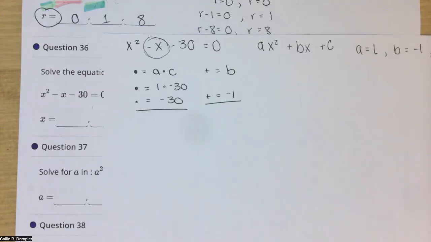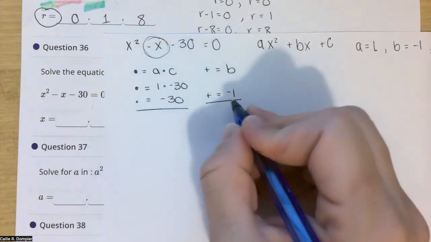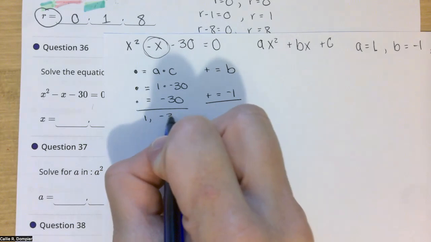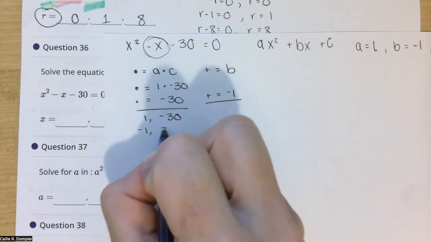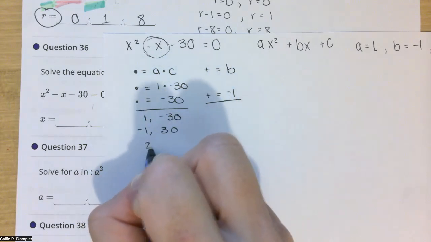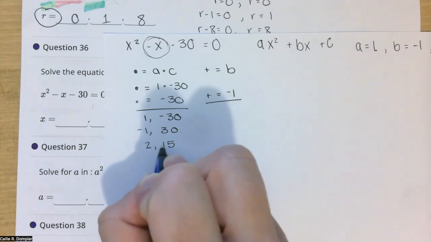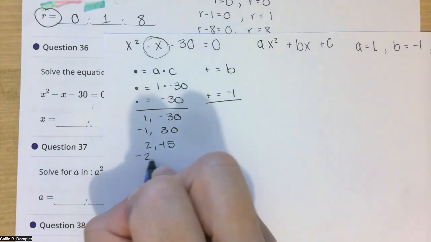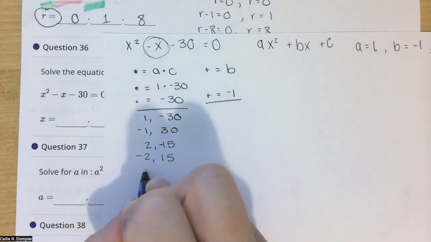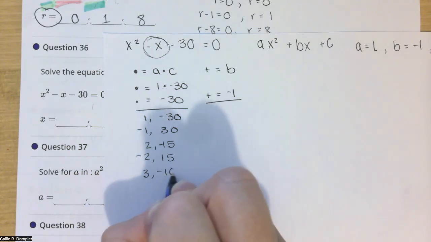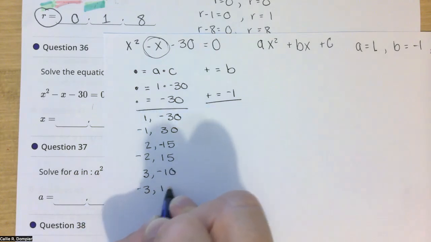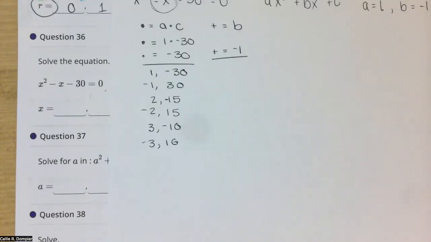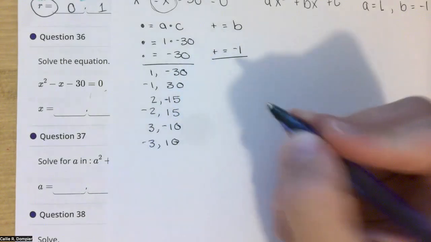Good? Let's just list the factors of -30. 1 and -30, -1 and +30, 2 and -15, -2 and +15, 3 and -10, -3 and +10. Can I divide 30 by 4? I do not think so. Can I divide 30 by 5?